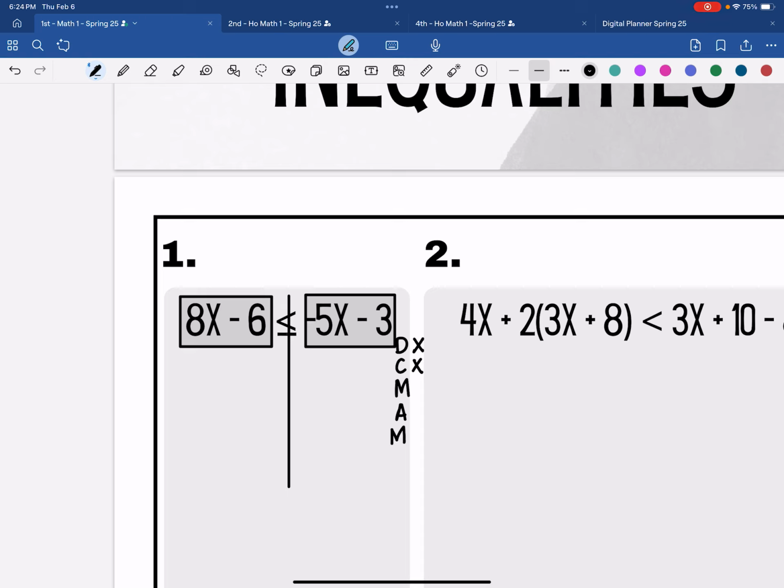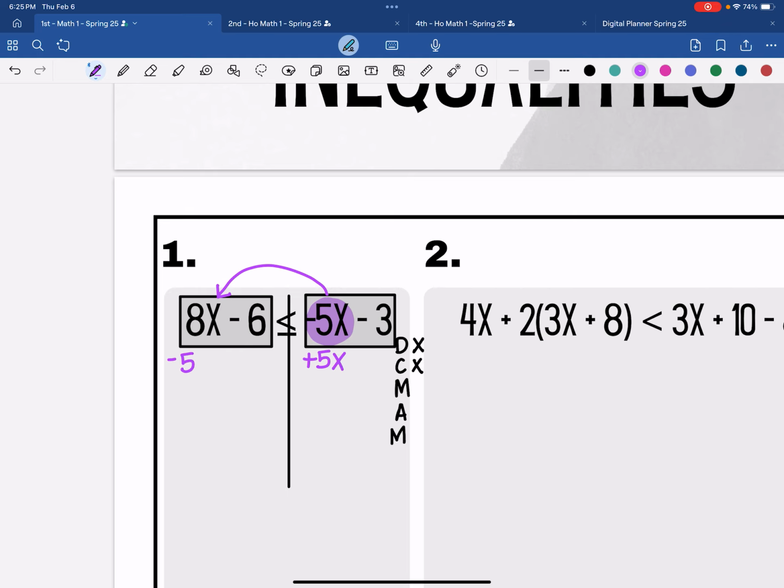Now, for the next step, we need to move the variable. On the right-hand side, I have negative 5x. I need to move that variable to the left side so we have one variable in this problem. In order to move that variable, we are going to add the 5x over, because it's a negative 5x.